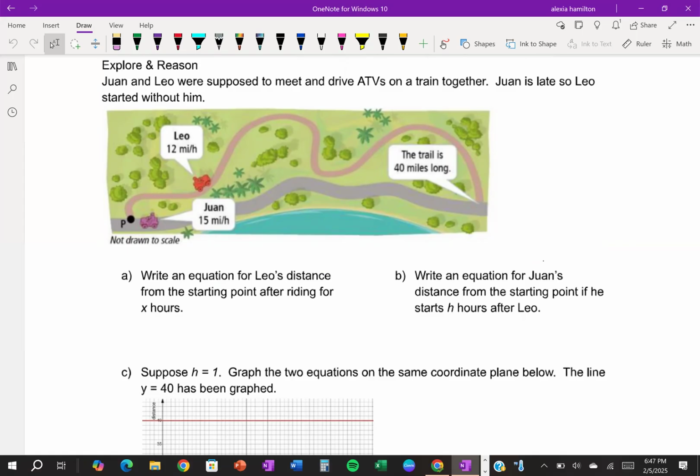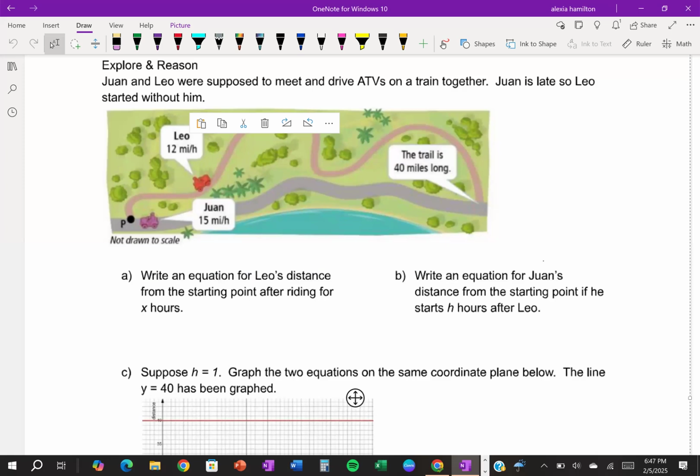So here we have Juan and Leo, who were supposed to meet and drive ATVs together. I don't know why it says drive ATVs on a train, but they're not driving on a train, on a trail. Oh, that should be on a trail. Nice typo.